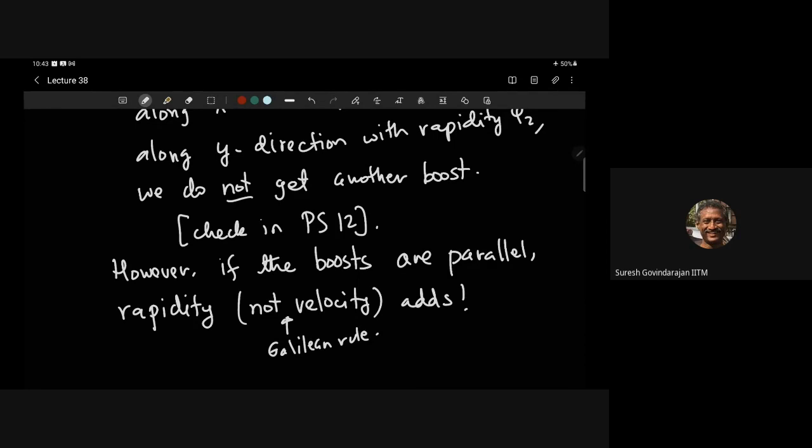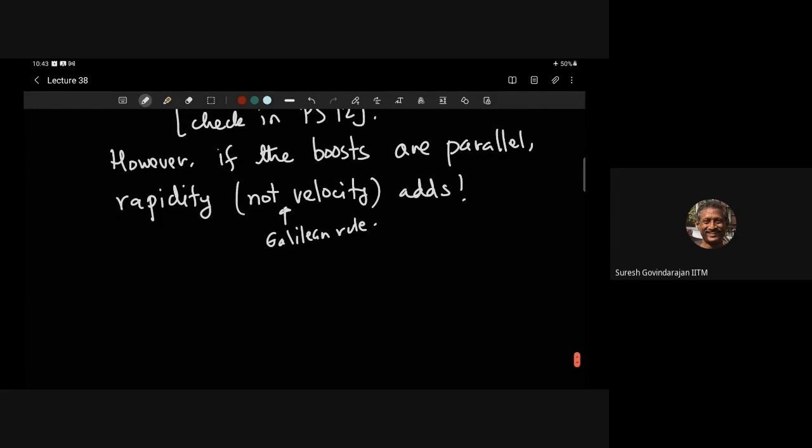If you ask what this implies, then this is the final composed velocity.